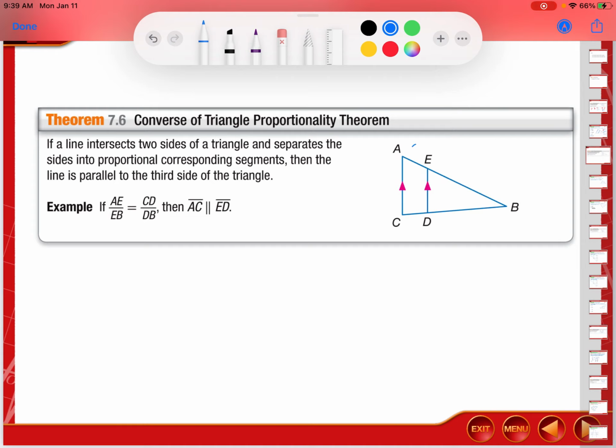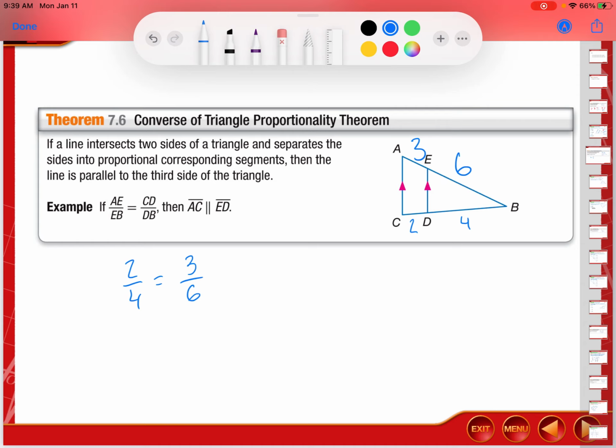So let's just say this was 2 and 4. And this was, you know what, that doesn't make sense. Let's do 3 and 6. And so let's say this is 2 and 4. If we were to set this up as a proportion, we would have 2 over 4 equals 3 over 6.